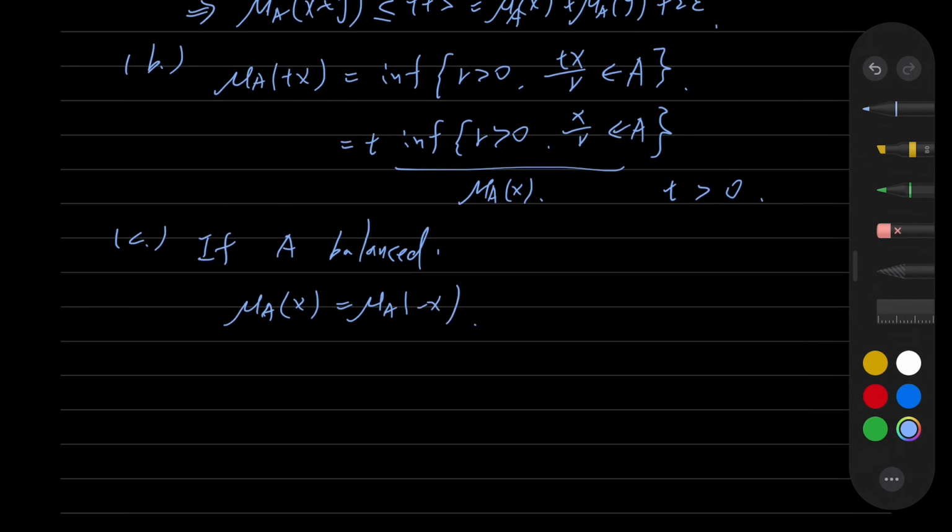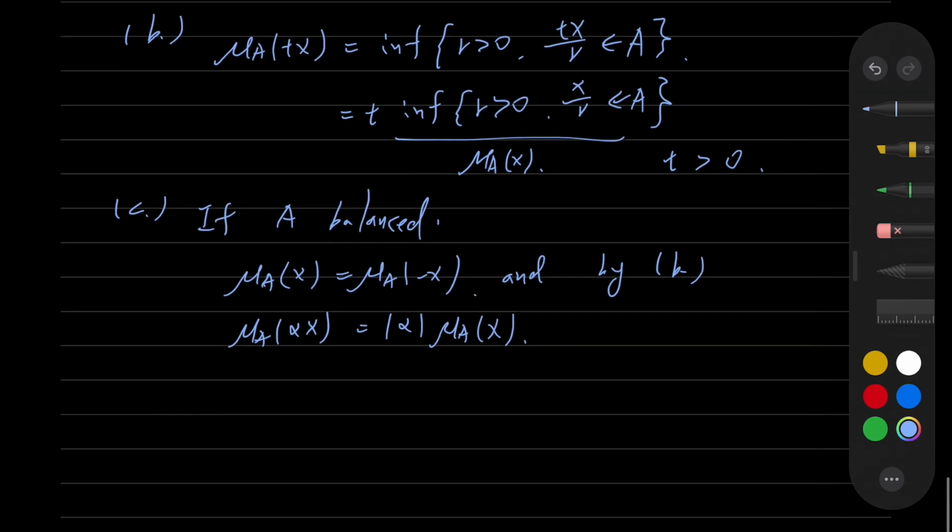And this, combined with B, gives that mu A of alpha x is the absolute value of alpha times mu A of x. So this gives the seminorm. It's a seminorm.